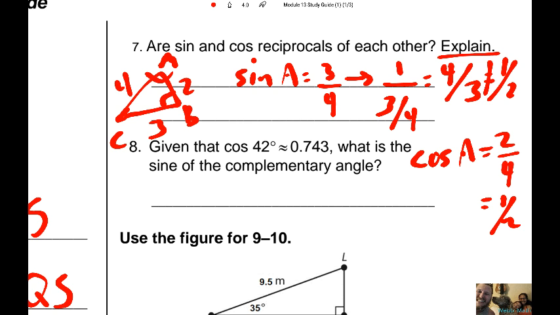Given that cosine of 42 degrees is approximately 0.743, what is the sine of the complementary angle? Complementary angle, remember, means it adds up to 90 degrees.